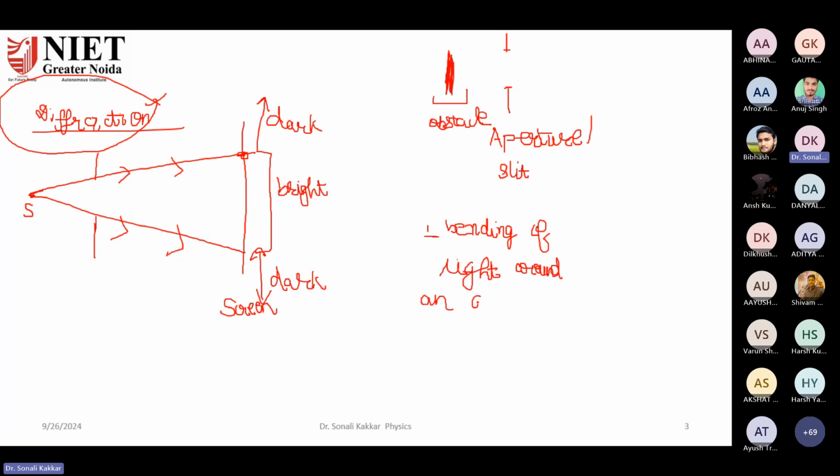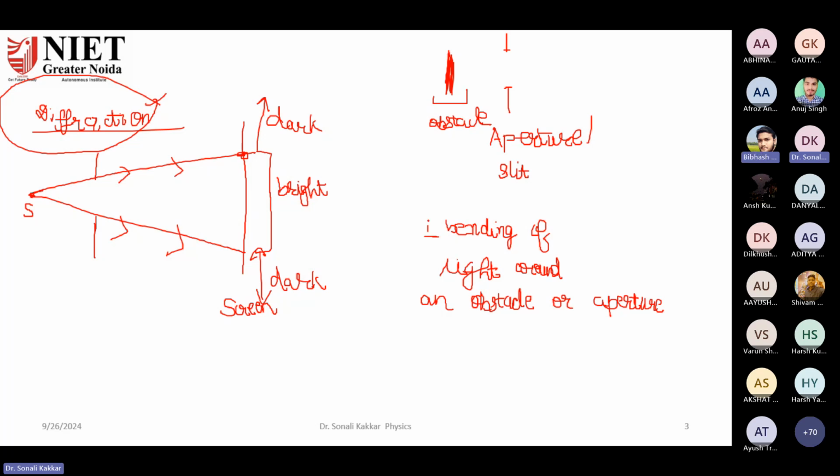But there is a condition for that. Do you know that condition? Obstacle or aperture. Does anyone know what is the condition for diffraction of light to occur? I told you, sound waves generally diffract. That is why you are able to hear sounds which are not in the direct path from you. Whereas in case of light, in your day-to-day life experiences, you don't encounter diffraction of light so frequently.